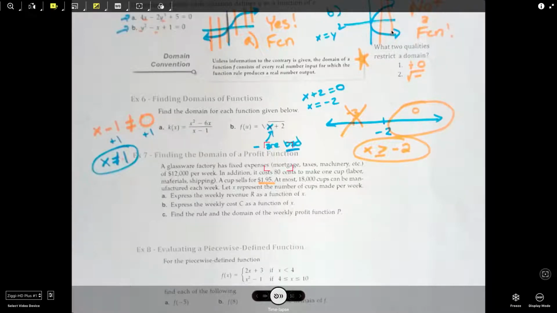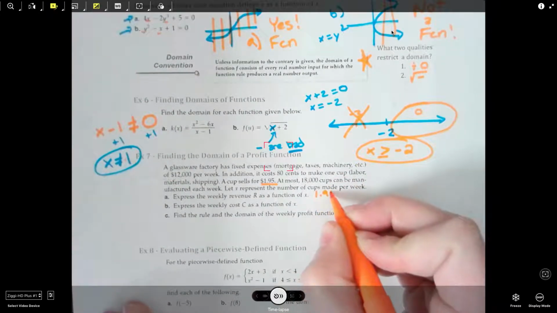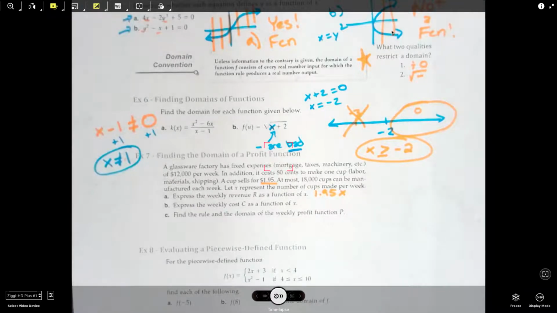But I don't know necessarily that I'm going to be making 18,000 cups, right? At most, I'm going to be making 18,000 cups. 1.95 times x. Let me look at the book and see if there's any other restrictions besides that.